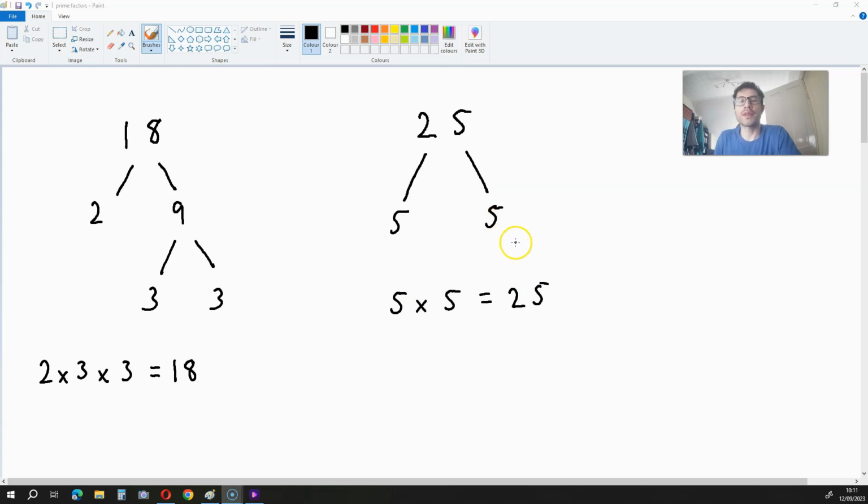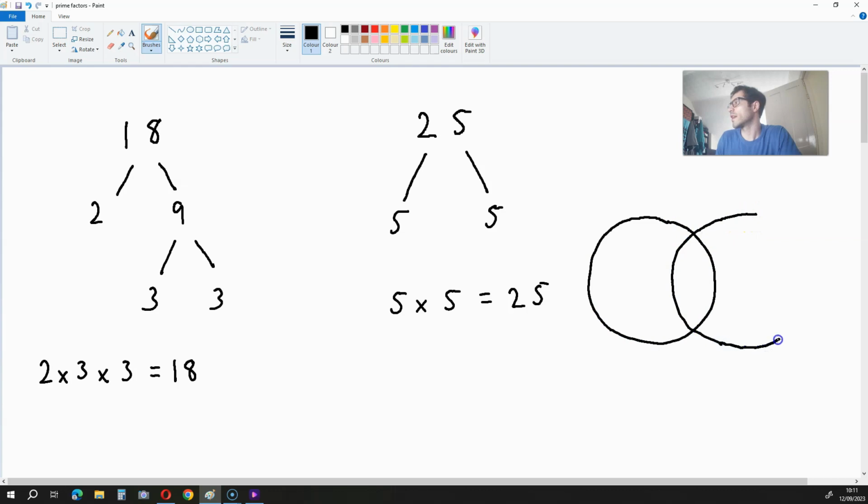So the next step to find the least common multiple of these two numbers is to draw a Venn diagram like this. So we're going to draw two circles that intersect, okay, like this. We'll call the left-hand side 18, and we'll call the right-hand side 25.